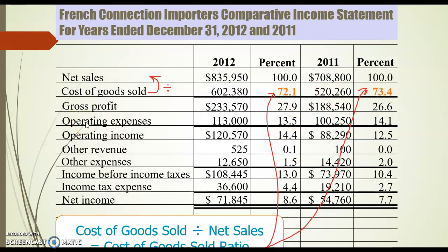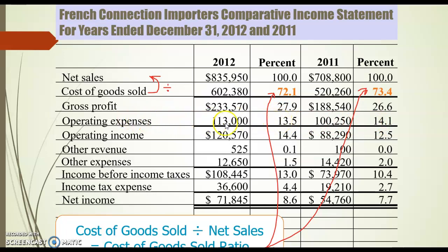The gross profit went from 26.6 to 27.9. Primarily, that is due to this change in cost of goods sold. The operating expenses went down as a percentage of sales, and we did see that in the horizontal as well, and we were going to investigate that.